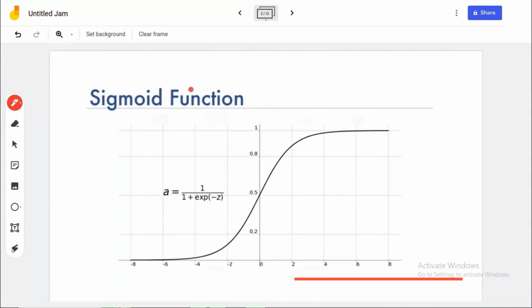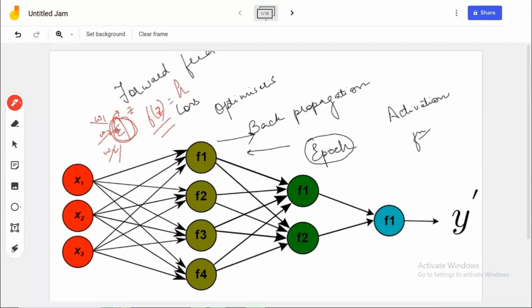So the first activation function that I will talk about is the sigmoid function. This is the formula of a sigmoid function. Exp of minus z is basically e to the power minus z. And this z again, if you remember, is the summed up value.